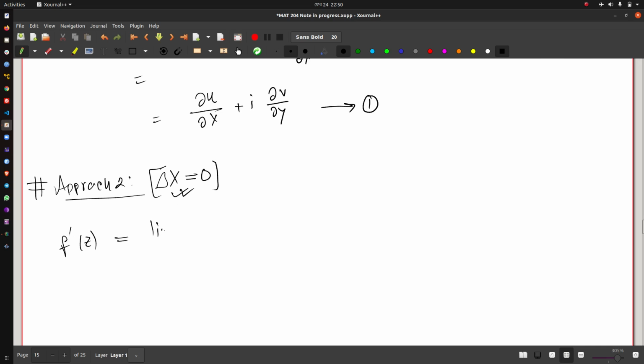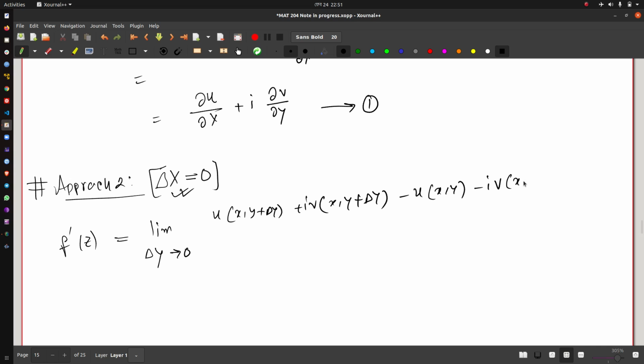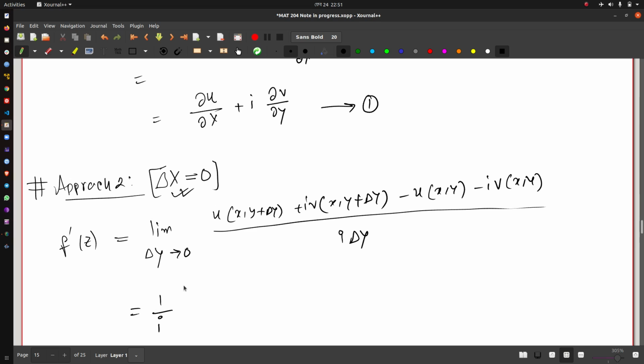should be limit del y goes to 0, and you would have your u of x, y plus del y plus iv of x, y plus del y minus u of x y minus i v of x y, divided by i del y. i is a constant, so let's keep this outside, and we finally have limit del y goes to 0.